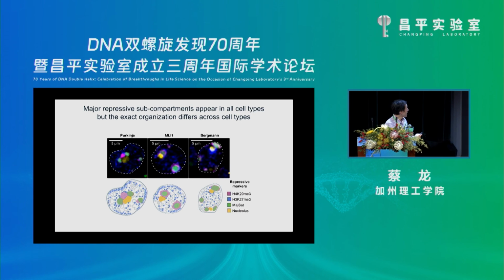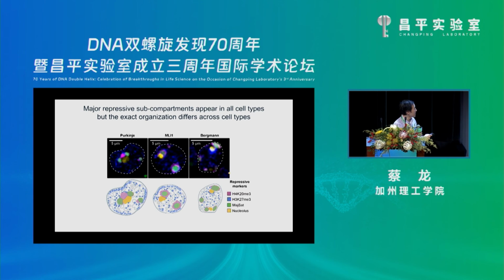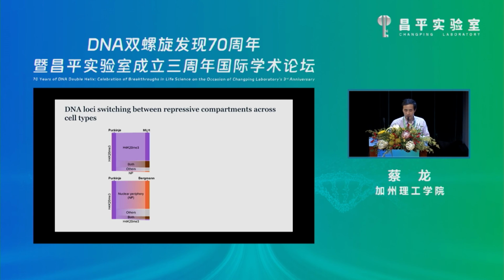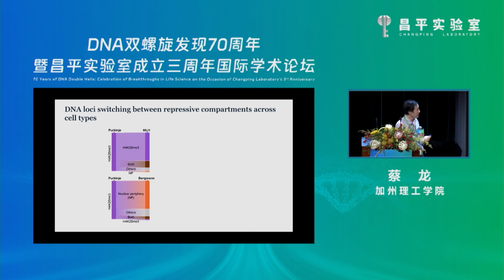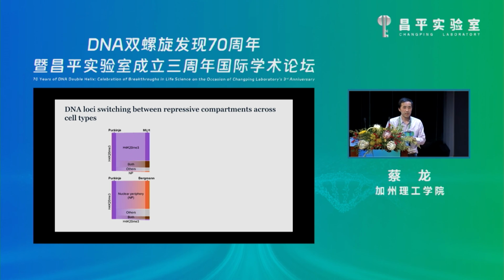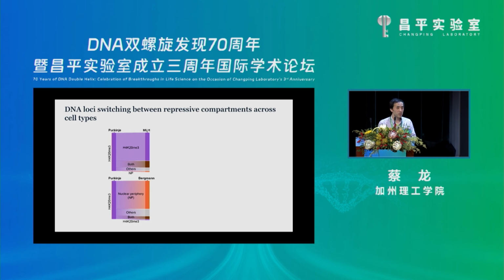If you look at Purkinje cells versus interneurons versus glia, the heterochromatin organization is very different in the different cell types, and you see switching of the DNA loci associated with these repressive compartments. So the repressive genome is very interesting in its organization.